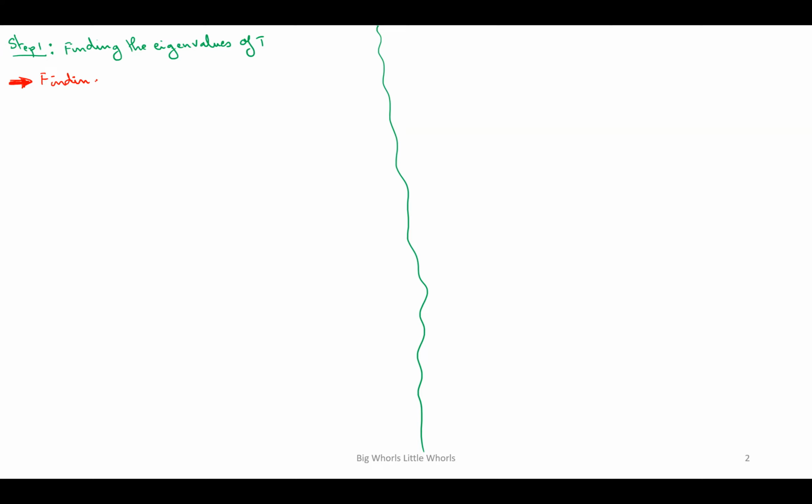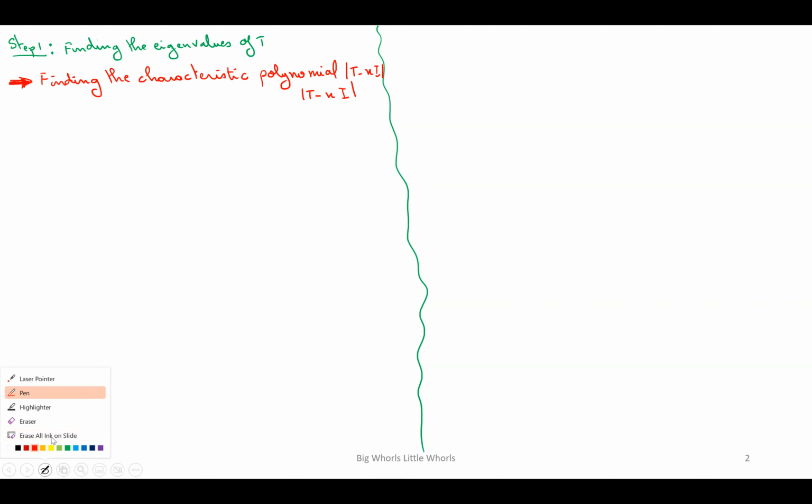I can run through this quickly, but I'm going to take more time finding the characteristic polynomial, t minus xI or t minus lambda I, it doesn't matter. So the determinant of t minus xI.